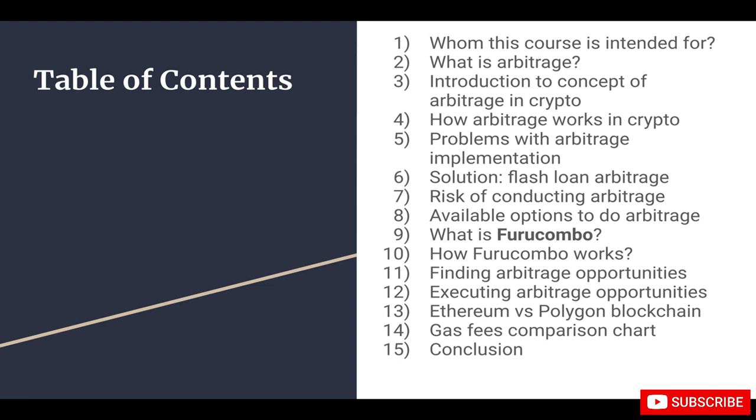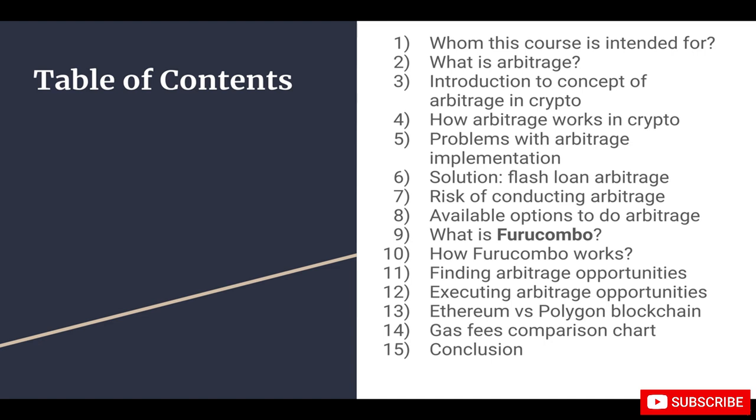It's pretty straightforward, nothing too complicated or complex when it comes to Furucombo. What's actually difficult to master is finding the arbitrage, right? It's easy to place the trade. It's easy to learn the basic concepts of arbitrage and flash loan. But finding opportunities is actually hard, and it requires you to spend some time and be patient to master these skills.